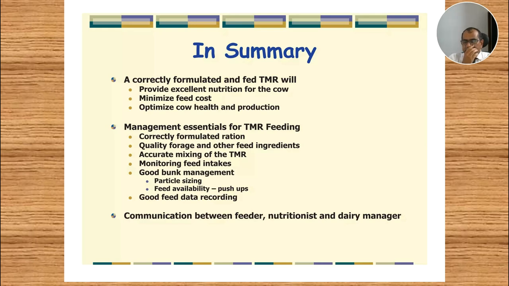Then always the feed intake per day needs to be monitored, and if the feed intake reduces drastically, then milk production also goes down drastically. So you should have a very good feed data chart or recording.